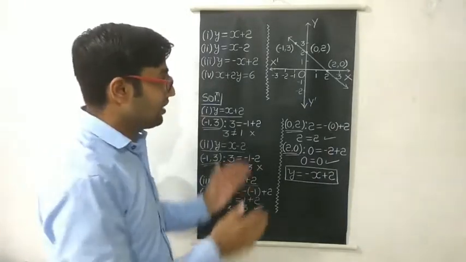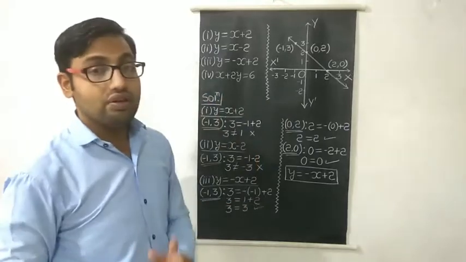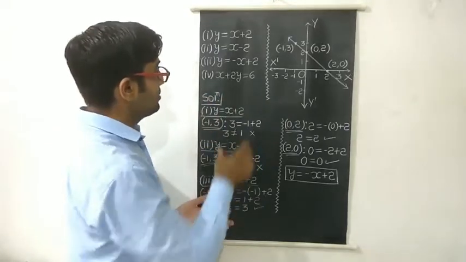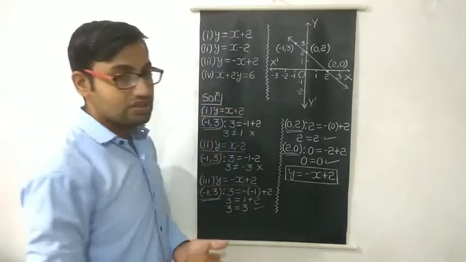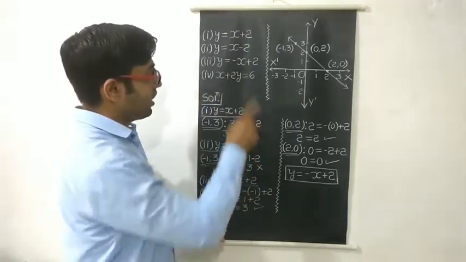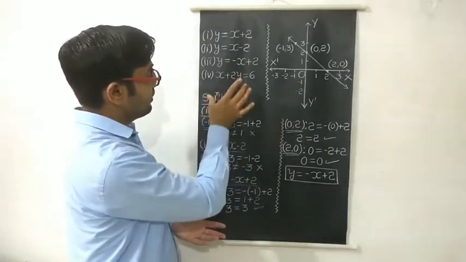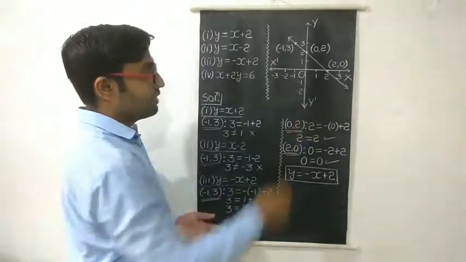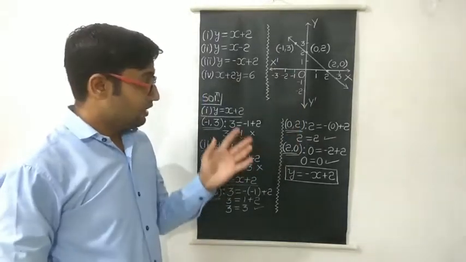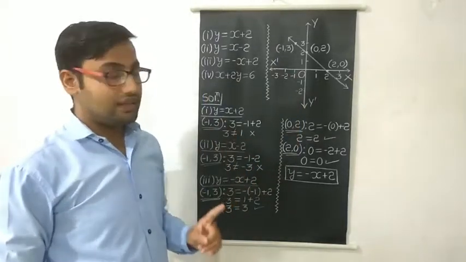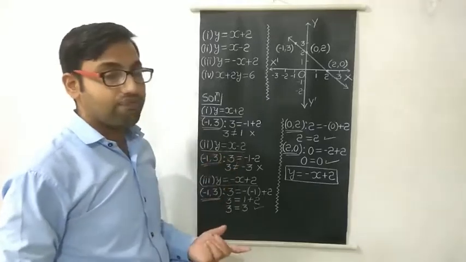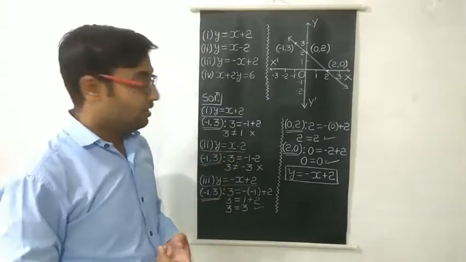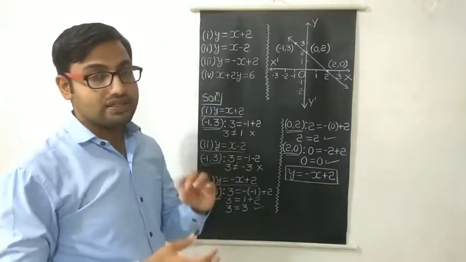So now whenever we are given this type of graph, we can check out of the 4 options which linear equation the graph is of, right? One thing you have to keep in mind: whenever you check, do not confuse the values of x and y.